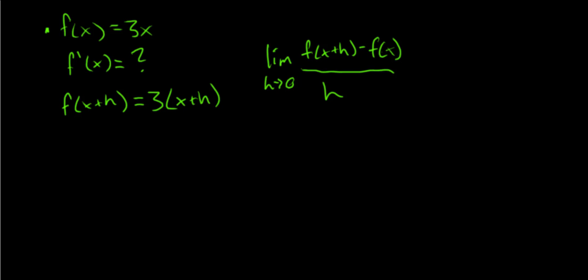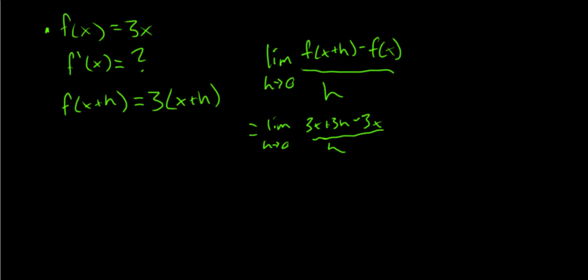So this is going to be equal to the limit as h approaches 0. F of x plus h, we know that that is equal to 3 times x plus h, so we're going to just distribute that 3 and write 3x plus 3h. Minus f of x, well that's just minus 3x all over h.